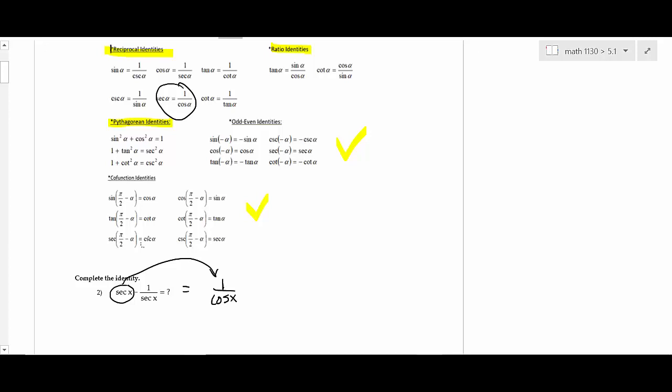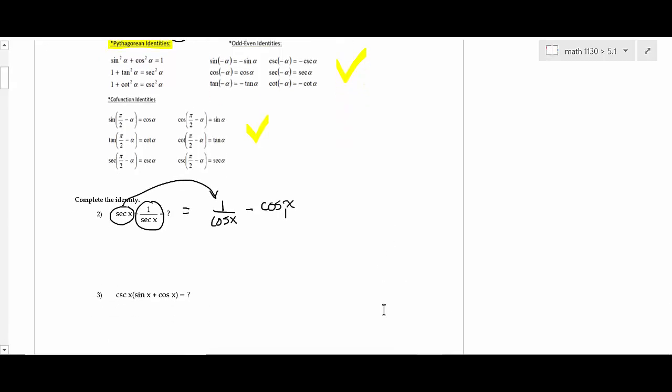And then 1 over secant, if you look at your identities up here, 1 over secant is equal to the cosine. You end up doing this kind of thing a lot in calculus when you're working with derivatives or integrals. You end up working with identities quite a bit when they show up. So we're going to do that.